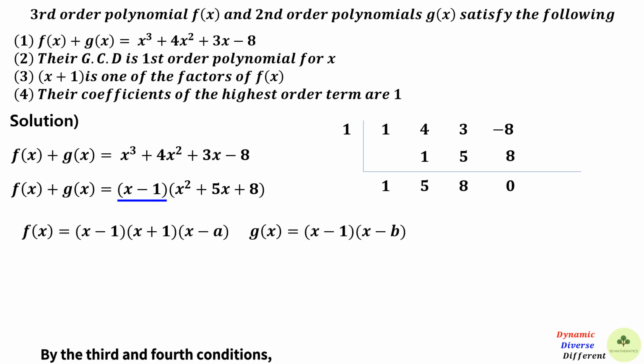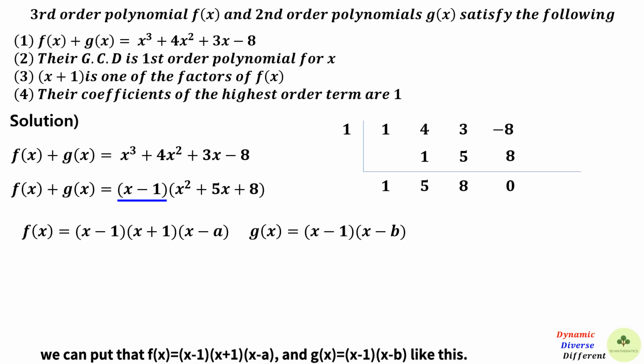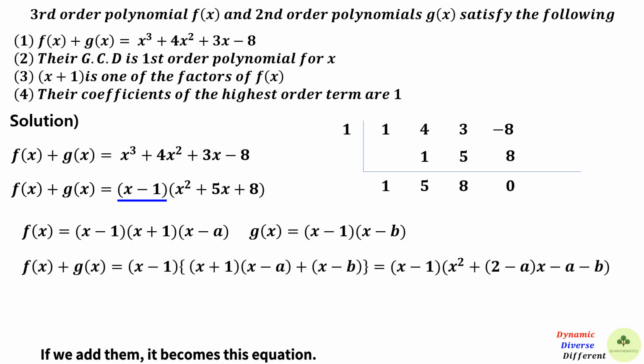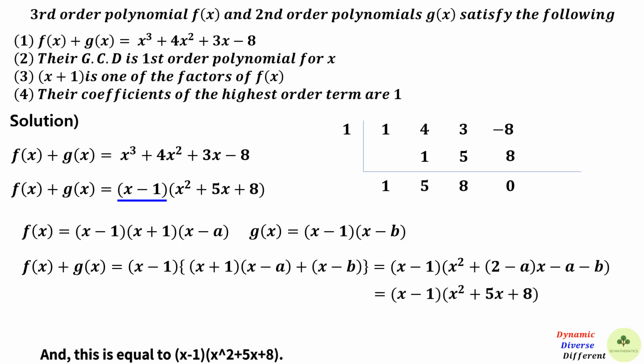By the third and fourth conditions, we can put that f of x equals to x minus 1 times x plus 1 times x minus a, and g of x equals to x minus 1 times x minus b like this. If we add them, it becomes this equation. And this is equal to x minus 1 times x squared plus 5x plus 8.